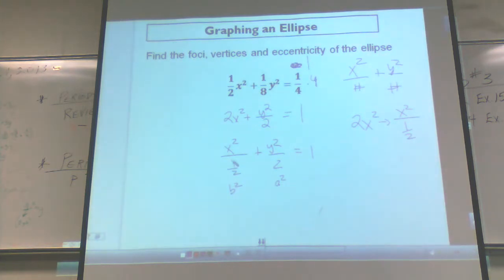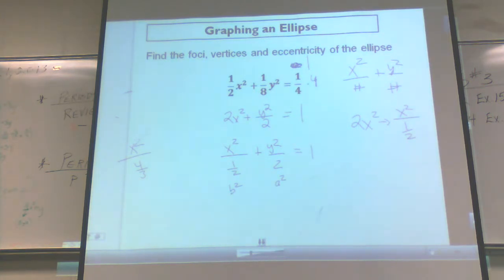Okay? So if you had something like 3x squared over 4, that needs to become x squared over 4/3 in terms of pulling numbers out. You kind of drop that number down to the bottom, like we normally do.